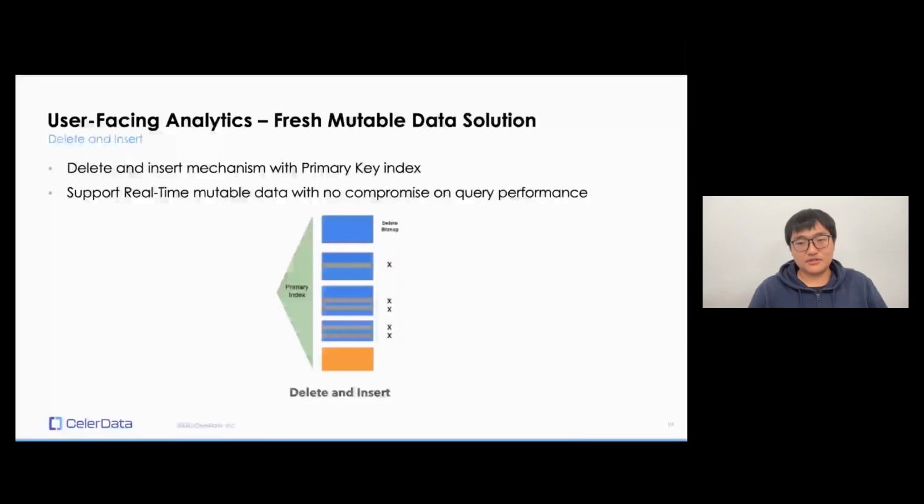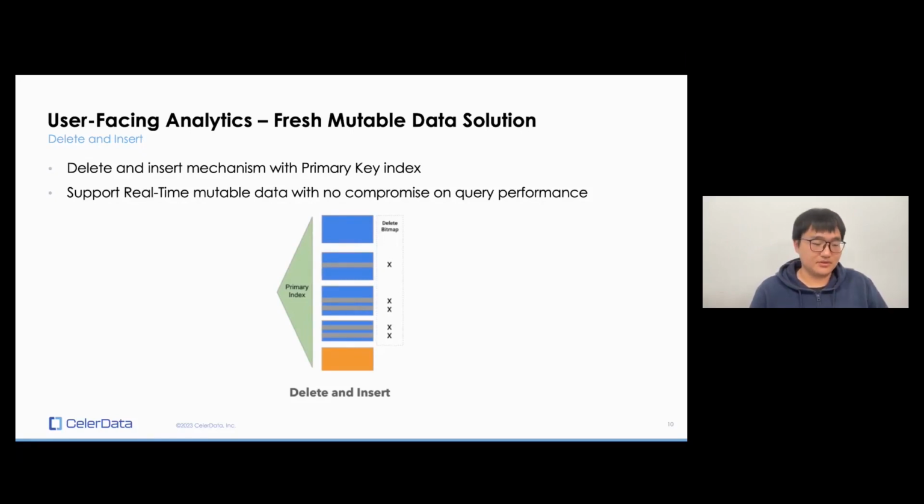And what StarRocks can offer is a delete and insert mechanism through the primary key index. This primary key index hashes the primary key and stores it, so you know exactly where that primary key is stored on disk. All of the updates are resolved at data ingestion, so it's more like a merge on write kind of way.